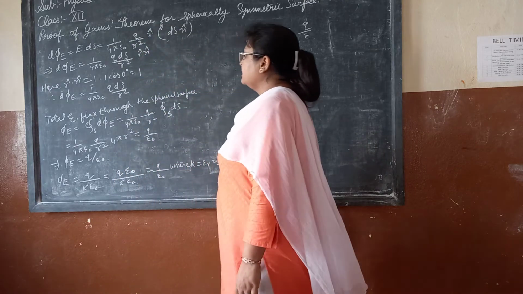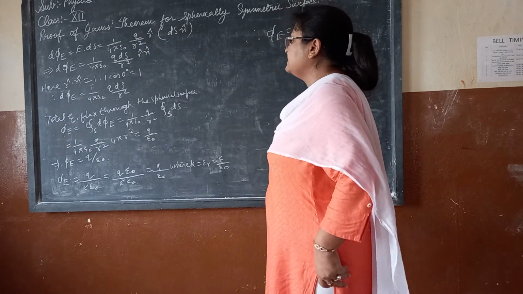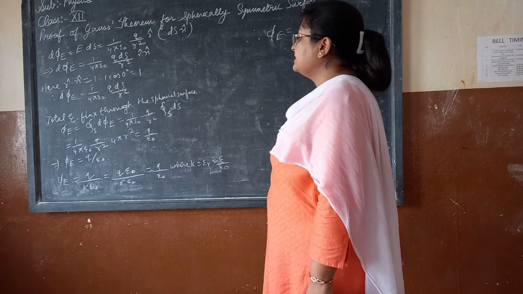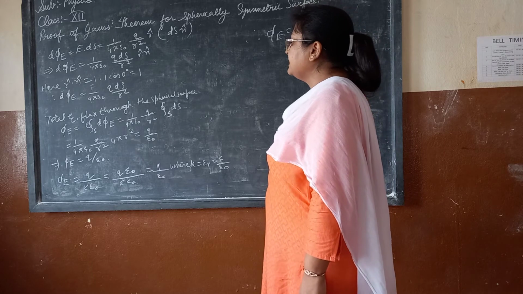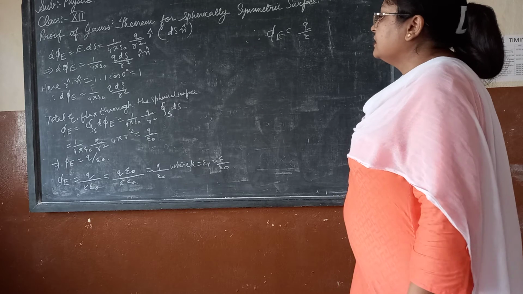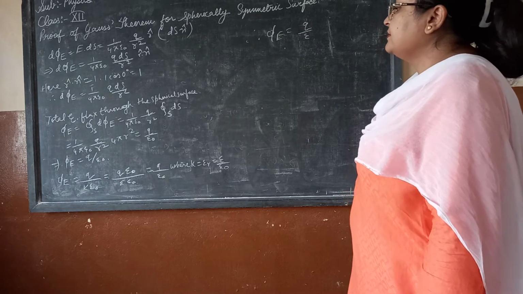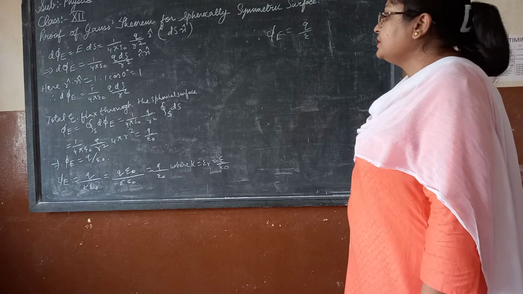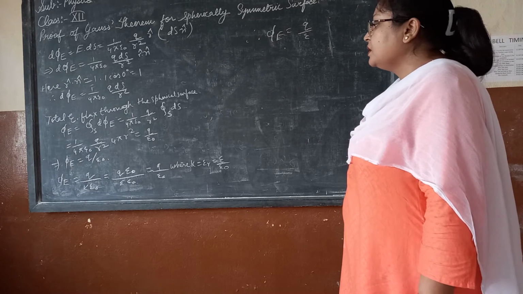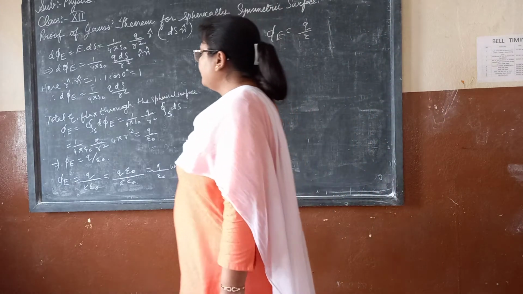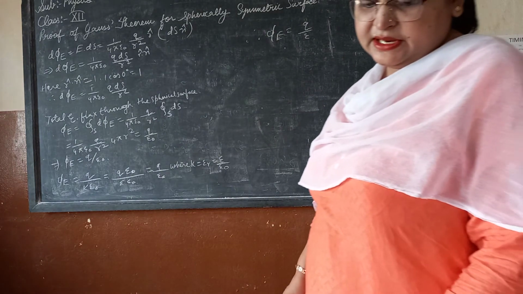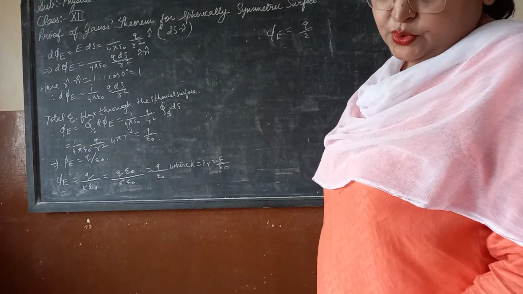Total flux: integral of dφ equals 1 upon 4 pi epsilon 0 q upon r square times the integral of dS, that will be equal to 1 upon 4 pi epsilon 0 q upon r square times 4 pi r square, which is equal to q upon epsilon 0, where φ equals q upon epsilon 0 will be the value. Okay, then we have the total electric flux given by q upon epsilon 0.